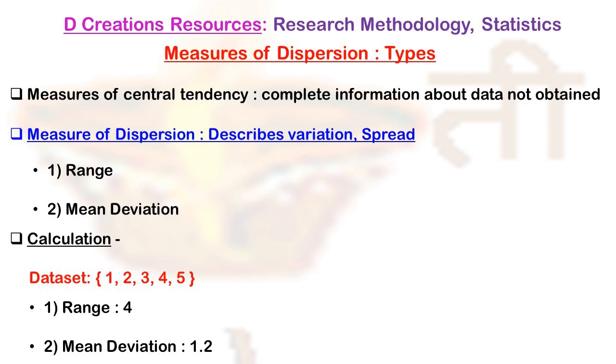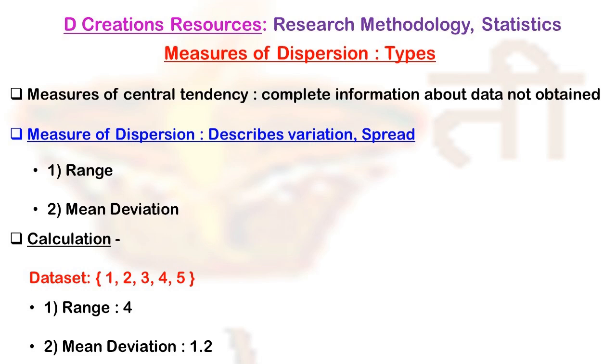But then we move on to another kind of measure of dispersion, which tells you the difference of the values from the central tendency. For example, if mean is the central tendency, there will be a measure of dispersion which tells you the difference of the values from the mean.